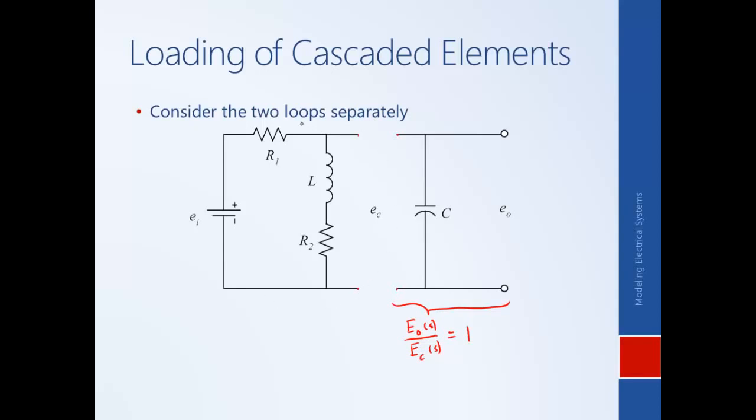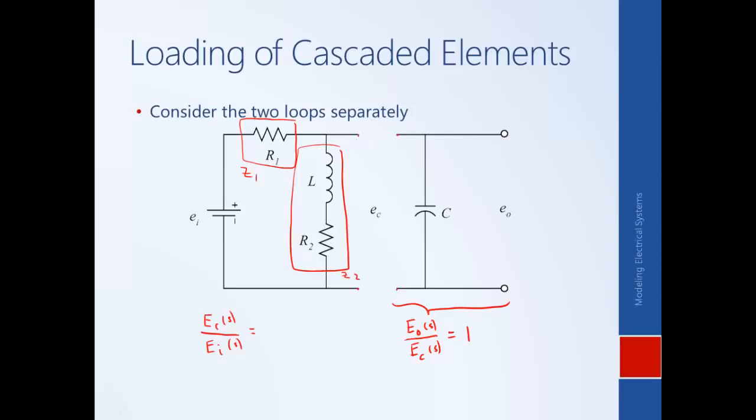Over here, we can consider this circuit to have an input of EI and an output of EC. So again, transfer functions are the Laplace transform of the output divided by the Laplace transform of the input. This again has the form of a voltage divider. This is like our Z1. And then these two components in series are like our Z2.